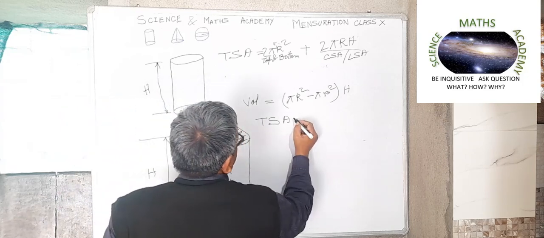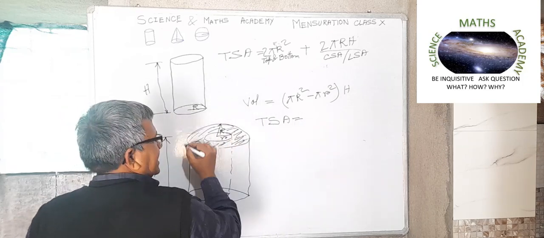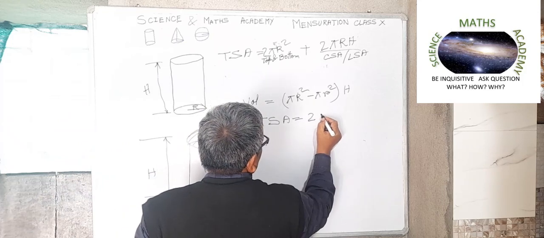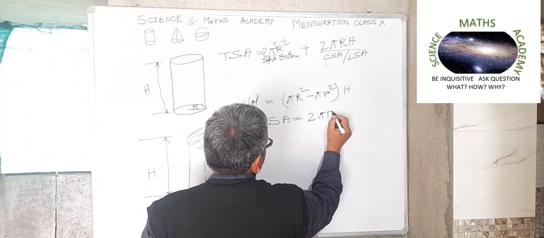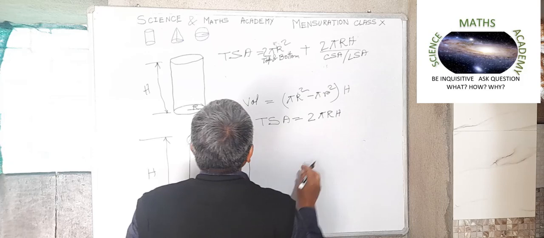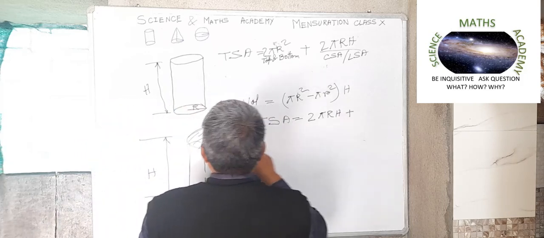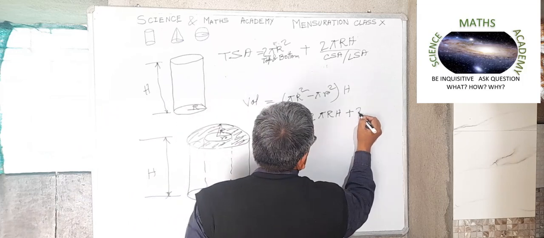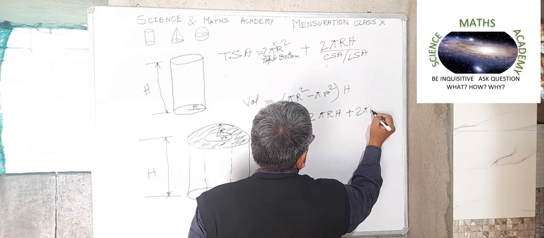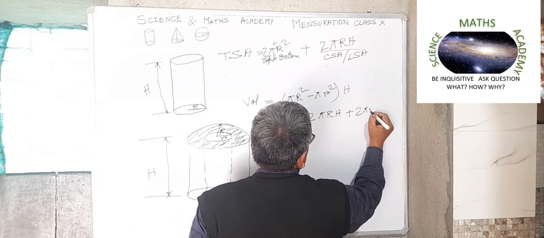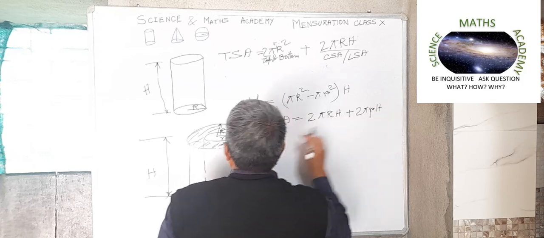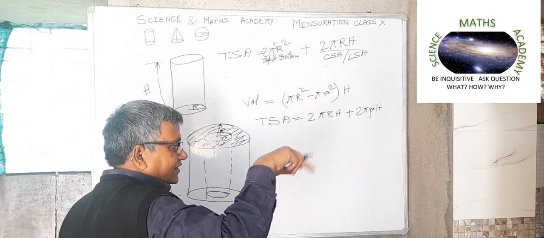Outside area will be 2 pi capital R h. Inside, small r, 2 pi small r h, is the internal area.